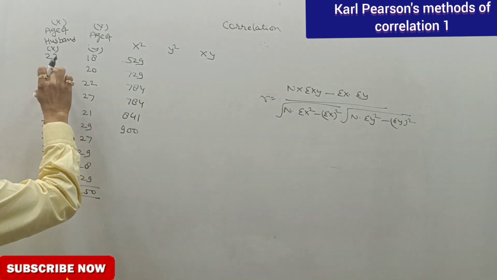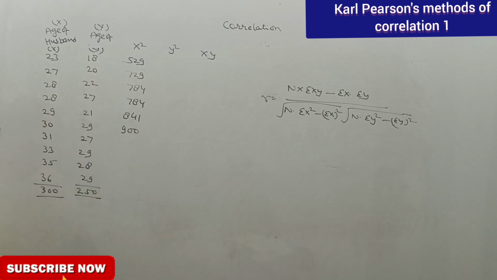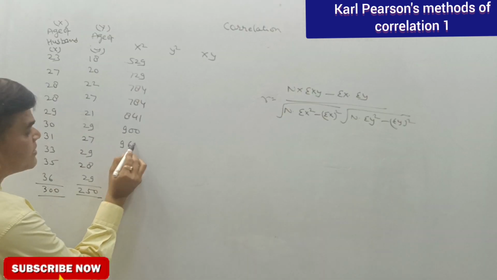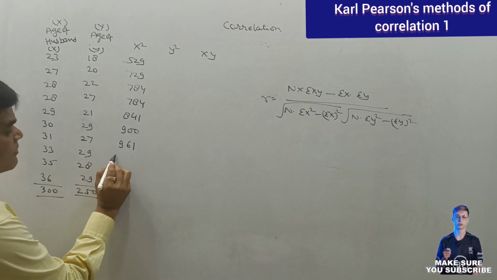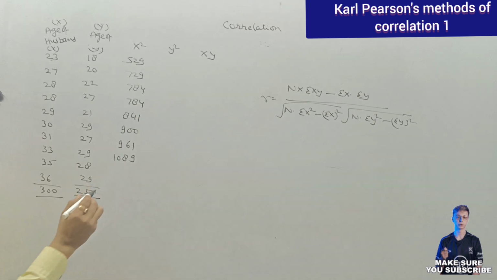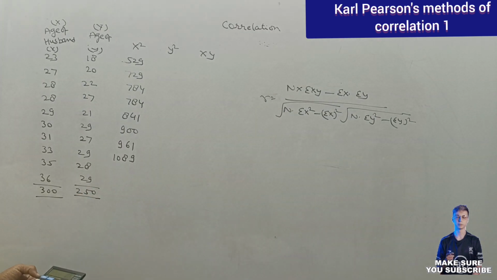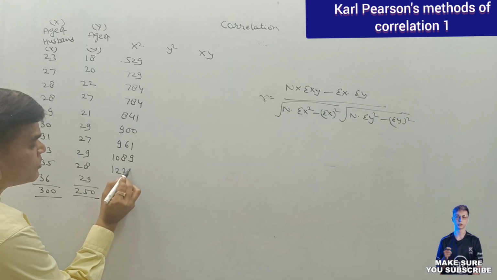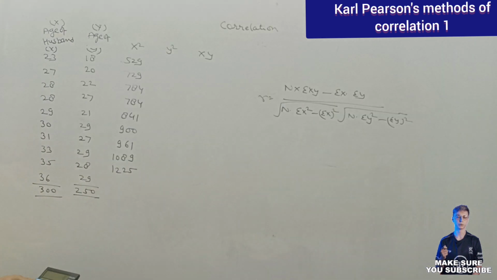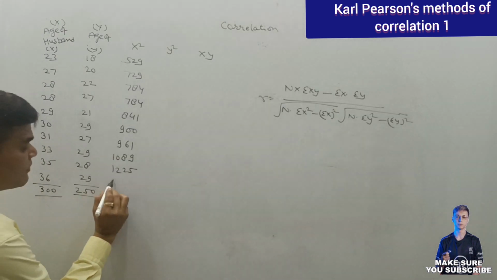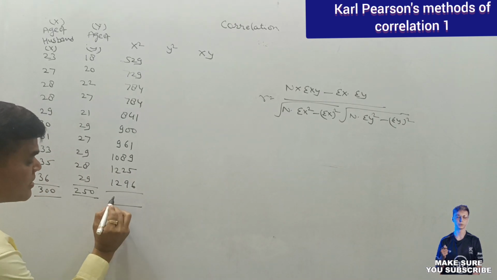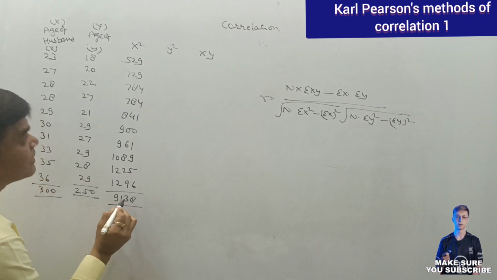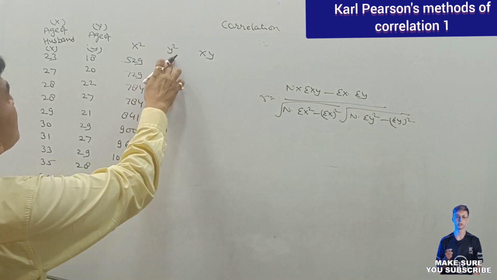What I am doing? Getting x square. 31 multiplied 31, that is 961. 33 multiplied 33, that is 1089. 35 multiplied 35, that is 1225. And the last one, 36 multiplied 36, that is 1296. And the addition of this is 9138.